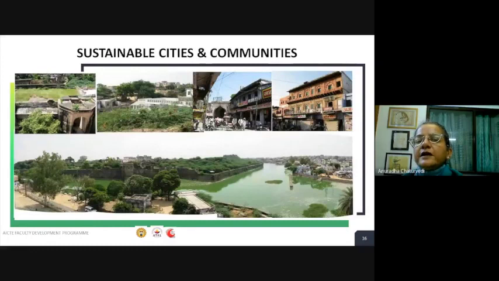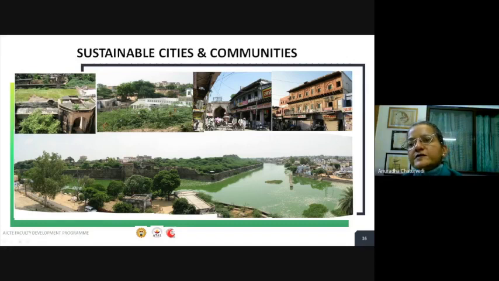Again, it's extremely important to understand that the historic urban landscapes of our historic cities are of great significance and constitute a really invaluable resource for sustainable development.